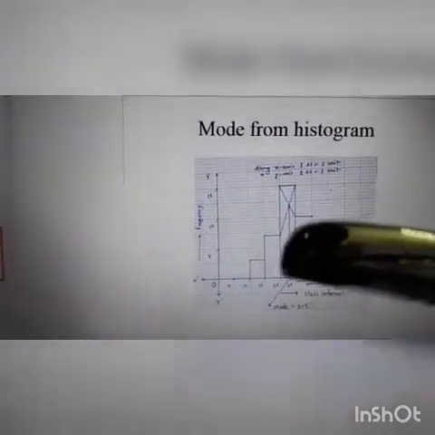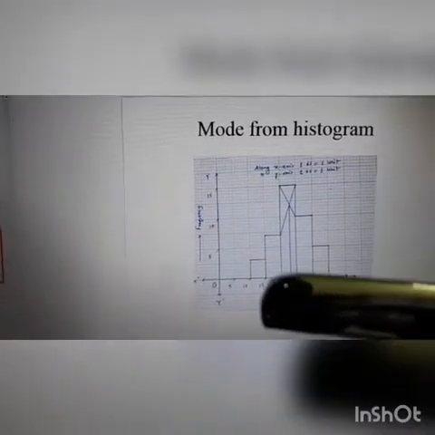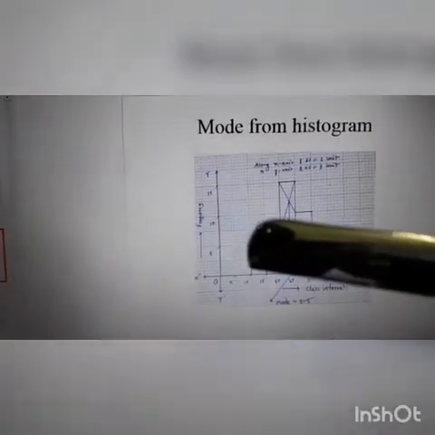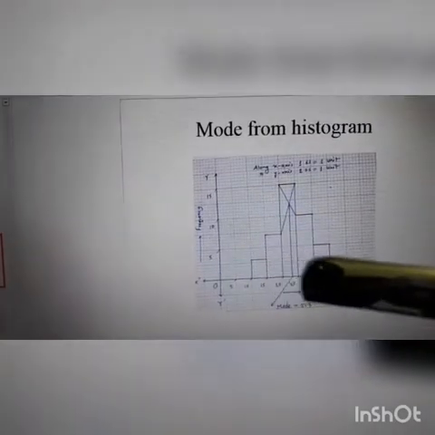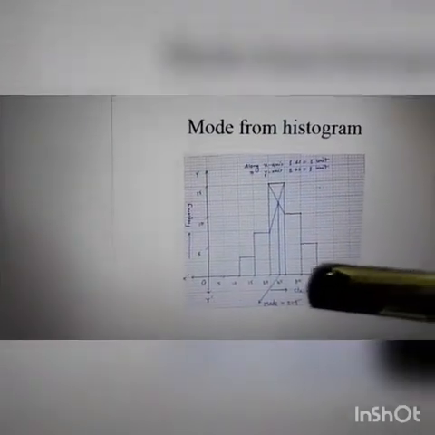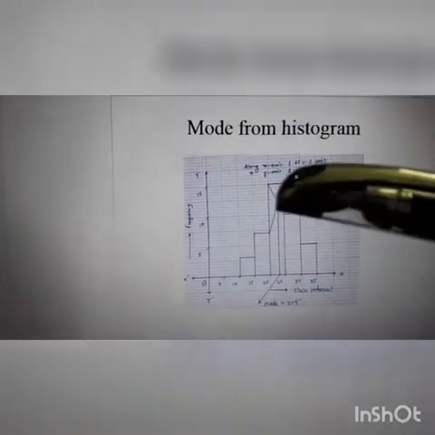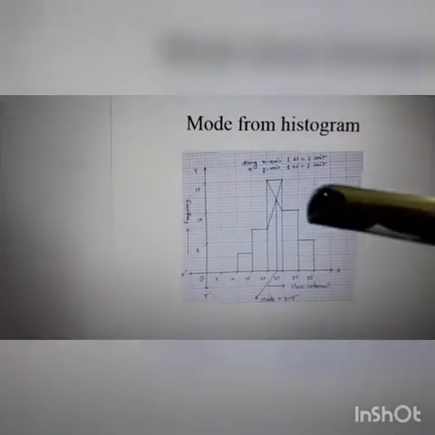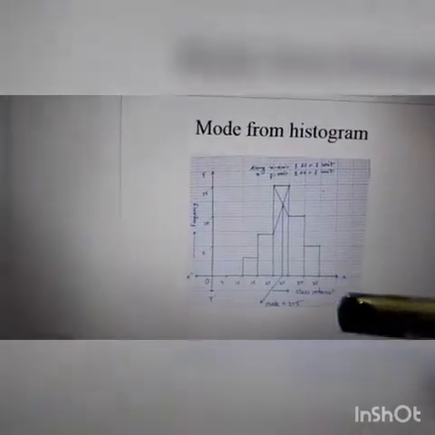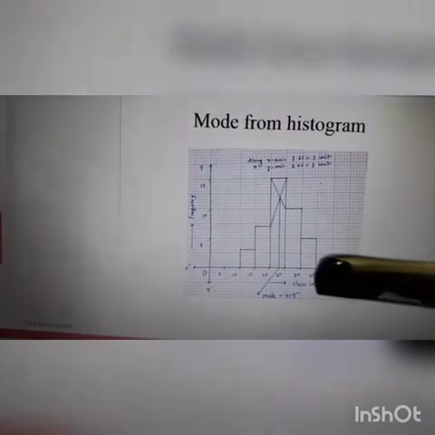Then we draw perpendiculars, joining the endpoints of the line segments to the x-axis. As a result we get some rectangles. These rectangles make a diagram, and that diagram is the required histogram.